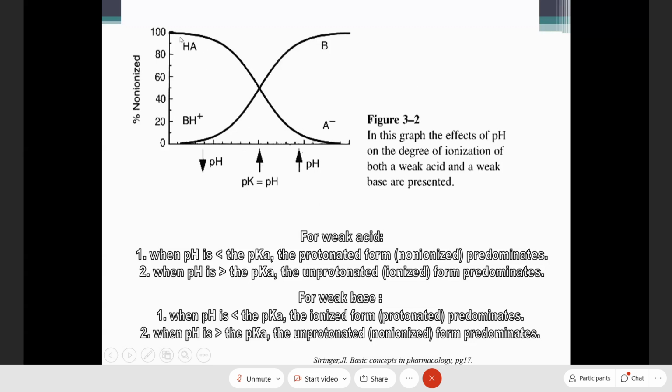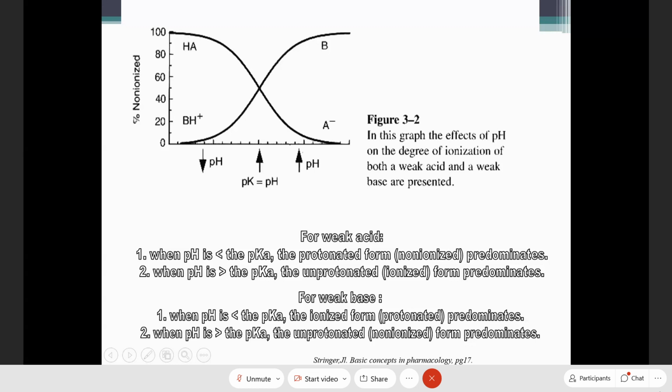So this is a graph that shows the weak acid, and this is the weak alkaline. When the pH is less than the pKa, the non-ionized form predominates.